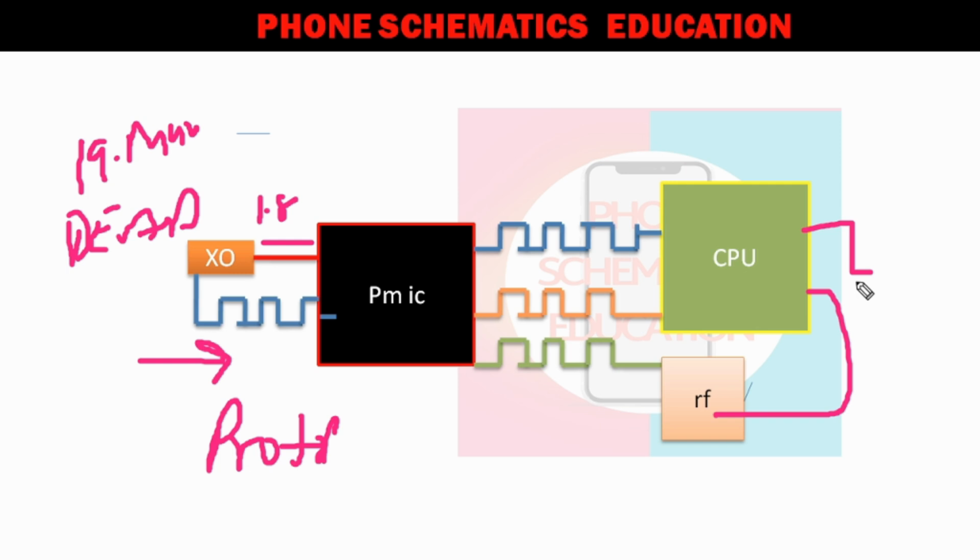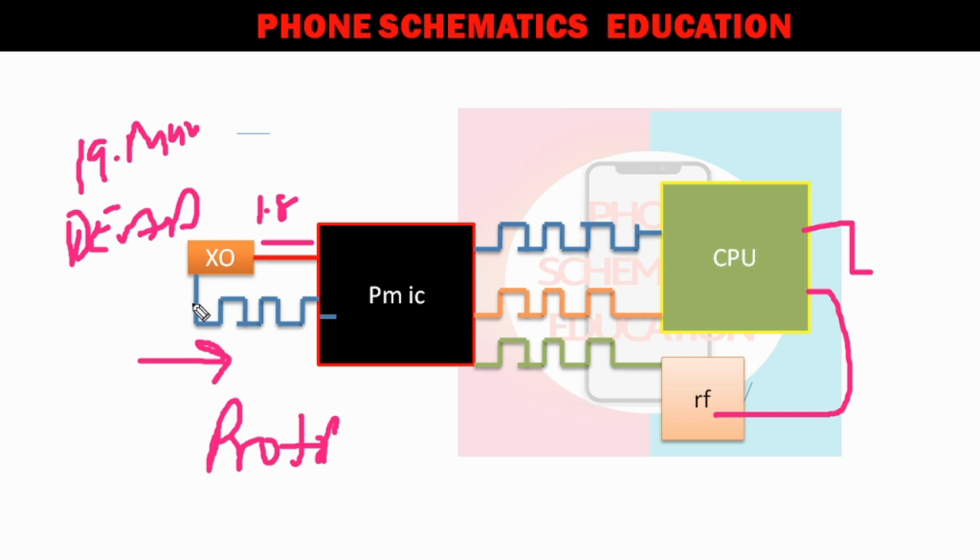All other ICs in your phone are called slave ICs, and the CPU is the master IC. So the CPU controls all other ICs through the protocol, whichever protocol the phone uses. It means the data clock signal. Clear? Now, how does the CPU create or communicate this data clock? I will tell you.